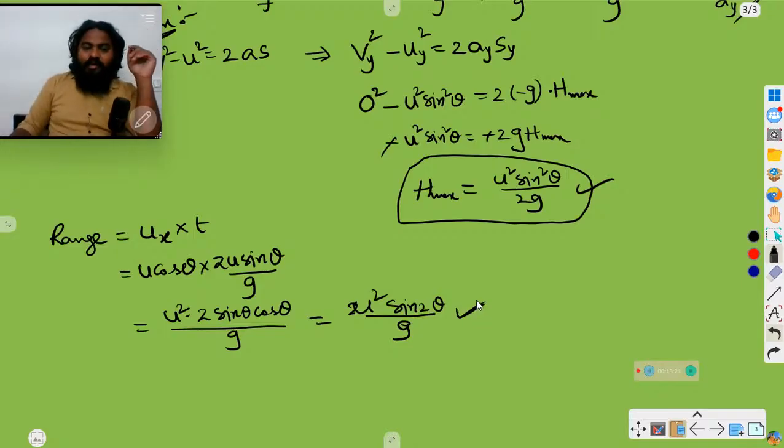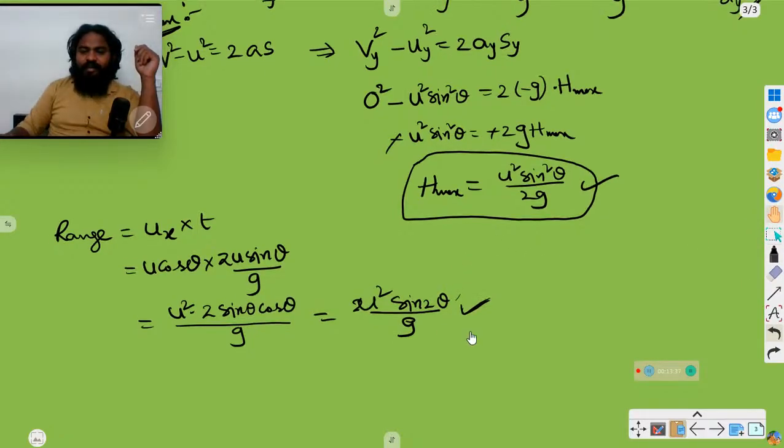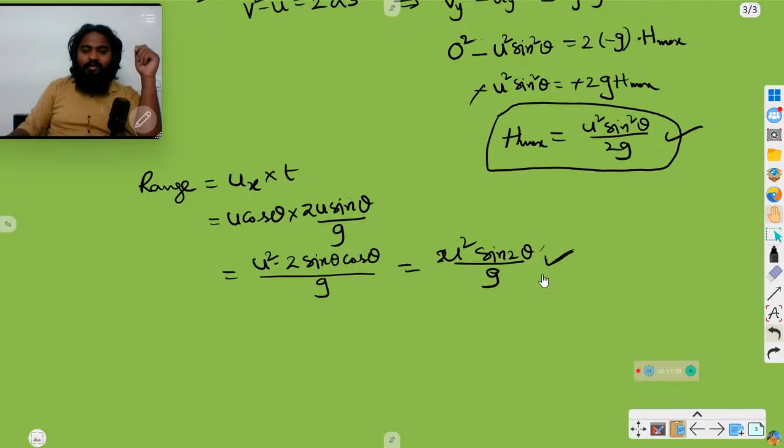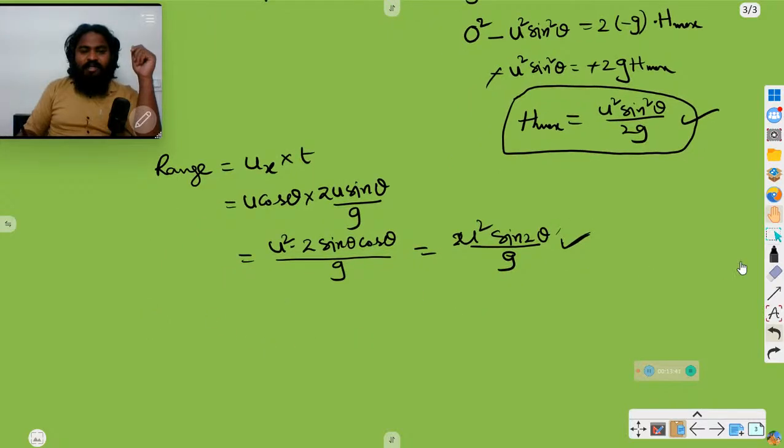Now in many mains examinations or in advanced and many exams, they'll ask you a relation between the range and maximum height. Clear? Let us try to derive the relation between them. So here, what is range?